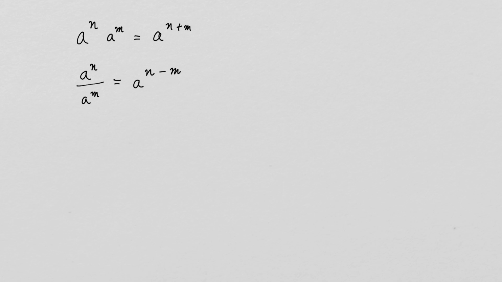A numerical example about this: 3 to power 50 divided by 3 to power 48. We can put both of the powers here. The result is 9.